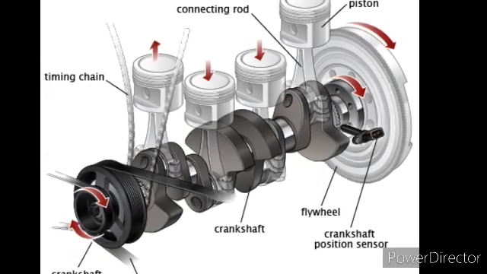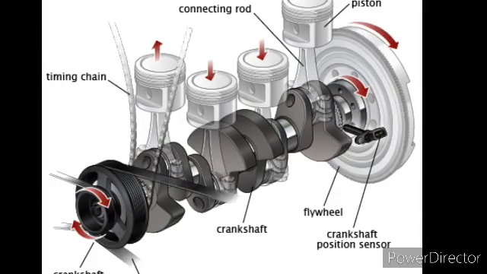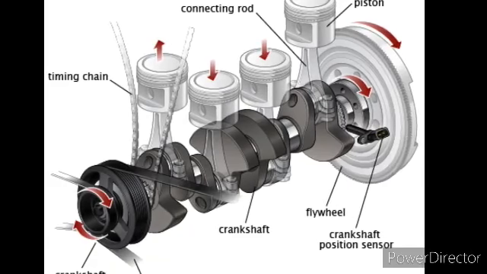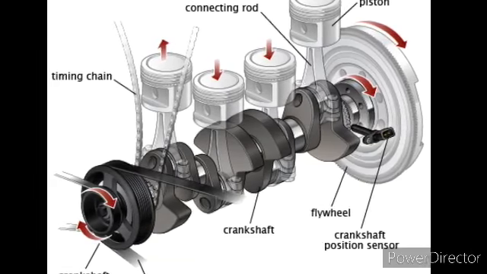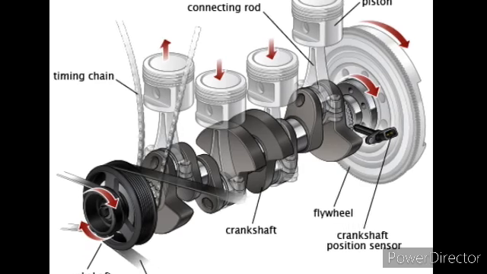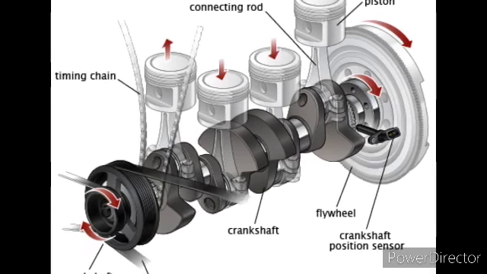In addition, the part of the engine that connects the rod and crankshaft is what we call the crank. So you might wonder what is the difference between this crank and crankshaft.